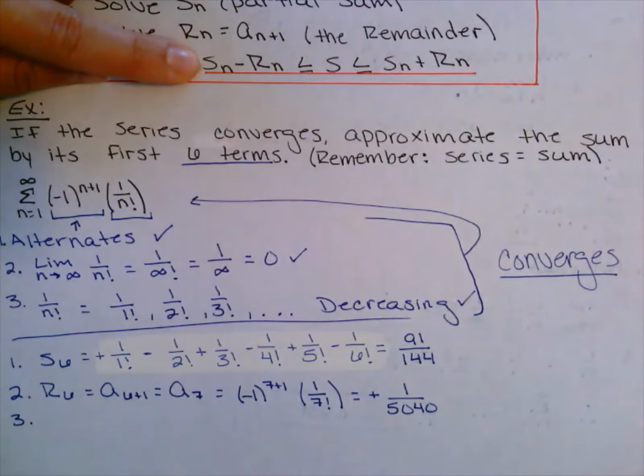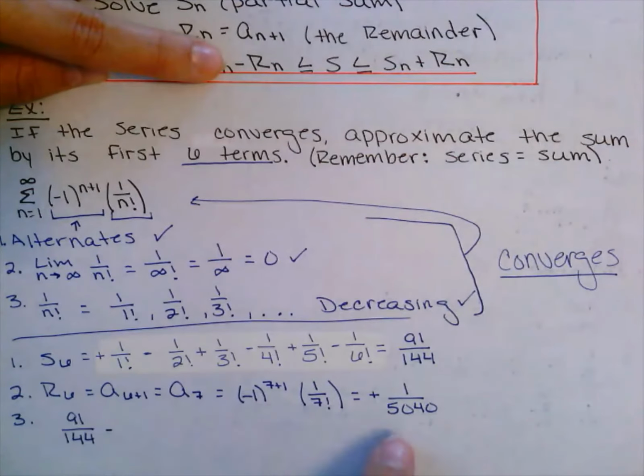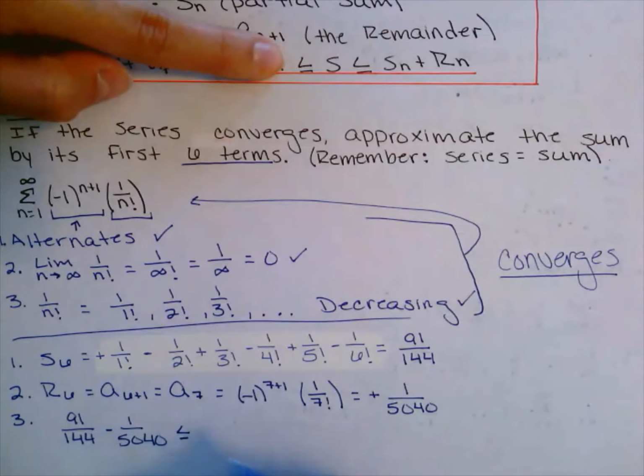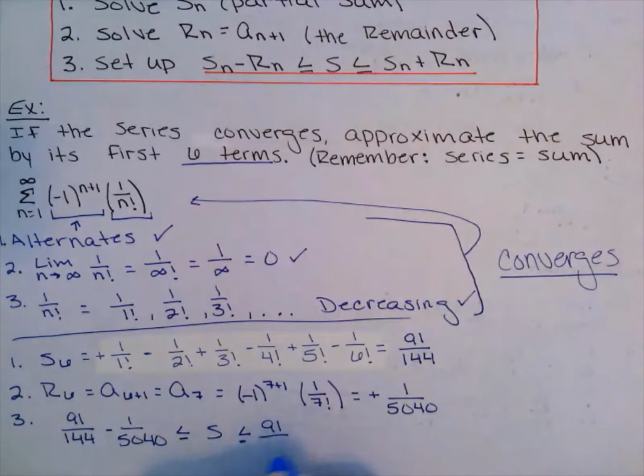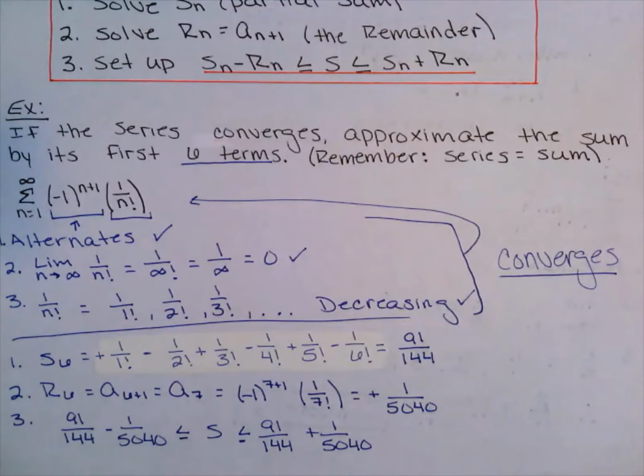So now my last step is going to be to create that range. I'm going to say the sum, which was that 91 over 144, minus my r sub n, which was 1 over 5,040, is the smaller number of my range for my sum, and then my larger number is going to be them being added. Okay, you can leave your answer like this, but multiple choice options like on an AP test might have this cleaned up as a fraction or decimal.